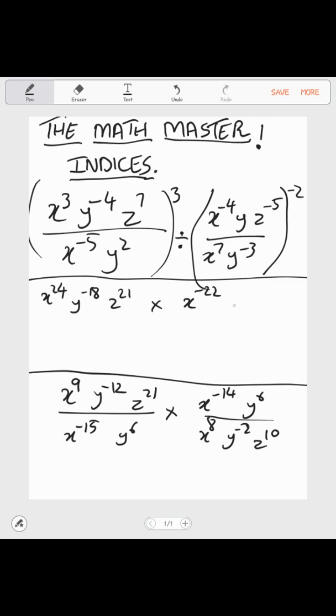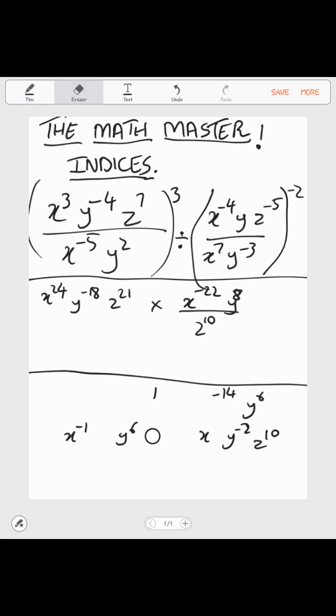Alright, so y to the power 6 plus 2 would become y to the power 8, and z would remain as it is in the denominator, poor z.